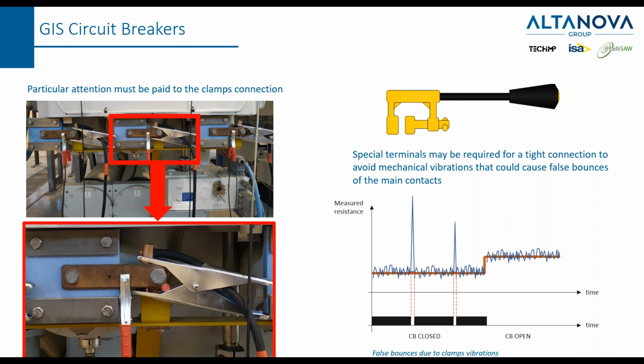If it's not well connected, the vibration of the clamps may result, as you can see in the picture, in false bounces, because for a very, very short time, the current is not flowing well because it is not touching very well. So what we recommend is always to find a good place where to put your clamp, and if required, use special terminals that help you to make a tight connection and avoid mechanical vibrations.